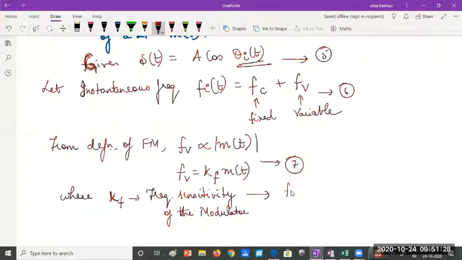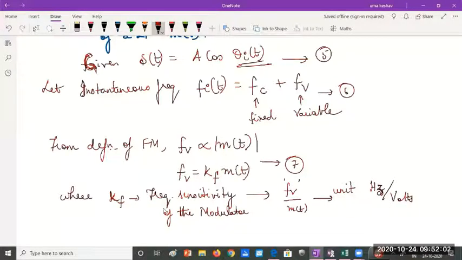It becomes a ratio of change in frequency with respect to change in amplitude of the message. So what would be the unit? Hertz per volt. Change in frequency would be in hertz, and change in the message amplitude would be in volts. So the unit of Kf, the frequency sensitivity of the modulator, is hertz per volt.